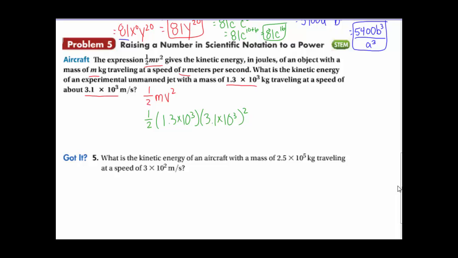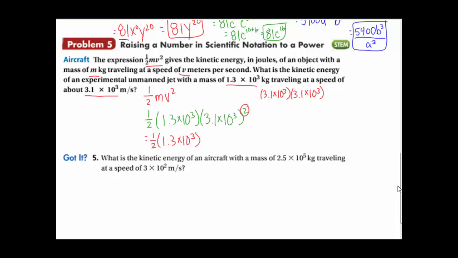All right, now we need to simplify this expression. I'm going to look at this squared term first. I'm going to leave these first two factors alone. So 3.1 times 10 to the third, squared, we can rewrite as 3.1 times 10 to the third times 3.1 times 10 to the third.